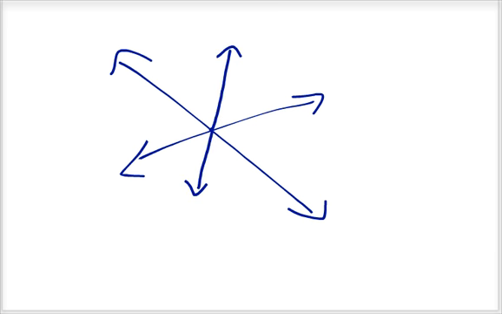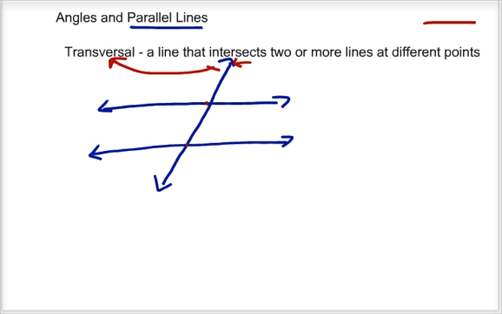We'll notice that it's all intersecting at the same point, right? So this would not be considered a transversal because it's not intersecting at different points. If I drew a line over here, that's just a little bit messy, not that clear to see, but that line right there would be a transversal because it's intersecting at different points. Not that important that you notice that, but just so you have it to think about.